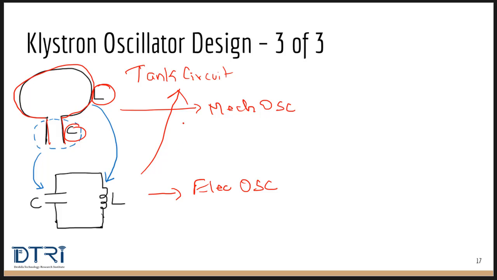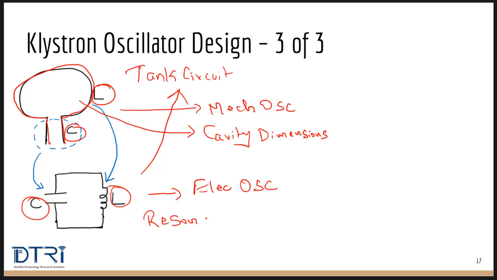You can change the cavity dimensions and the frequency of oscillation will change. This is similar to how you can change L and C values to create resonance in a particular circuit to achieve a particular frequency.